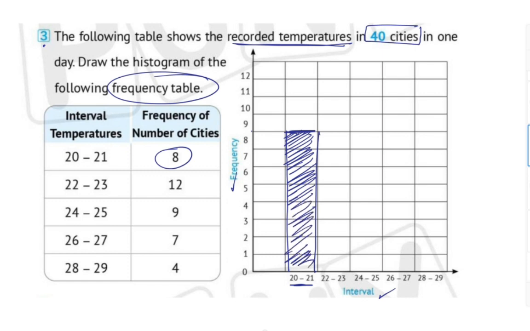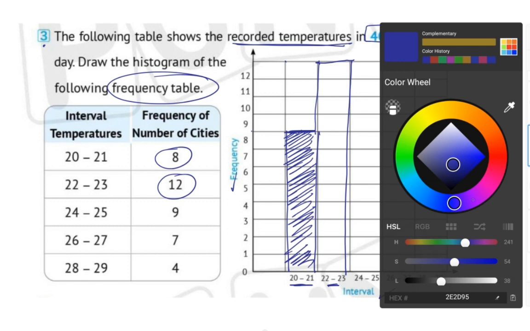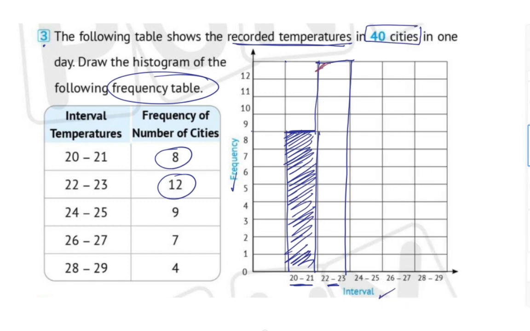Next interval, 22 to 23, has a frequency of 12. Where's 12? 8, 9, 10, 11, 12. So you will stop here. This is the second interval.